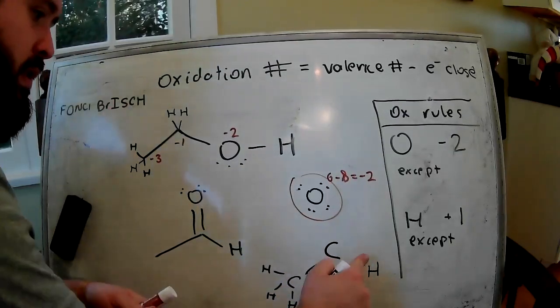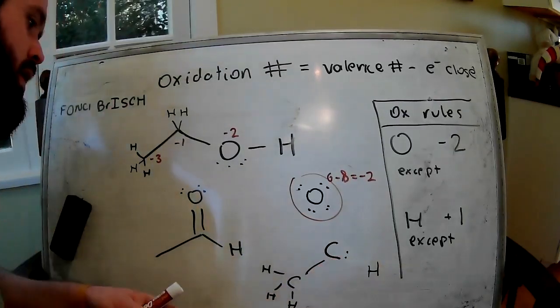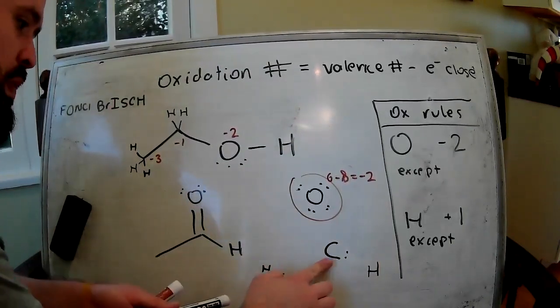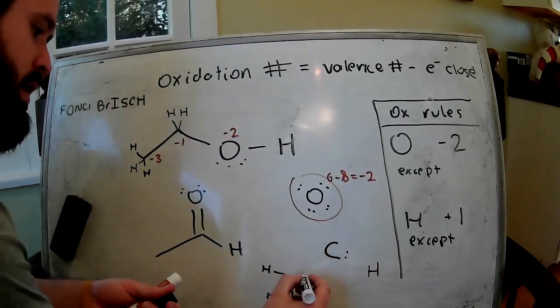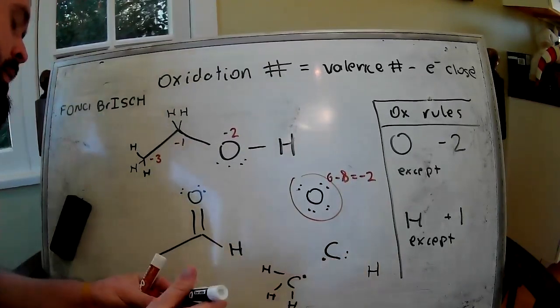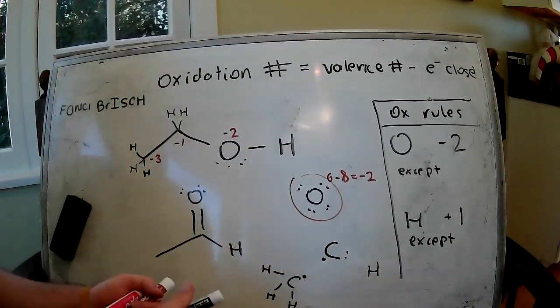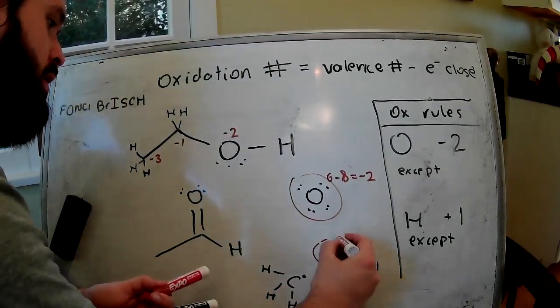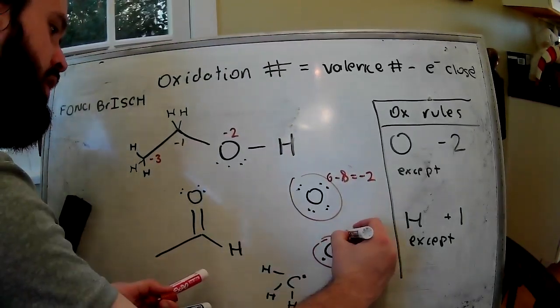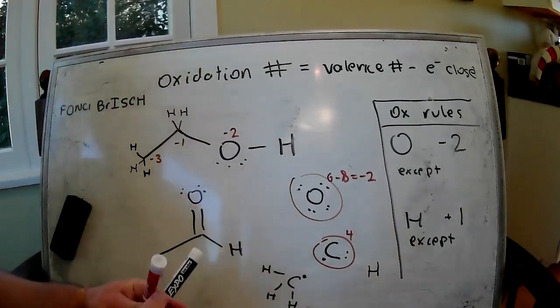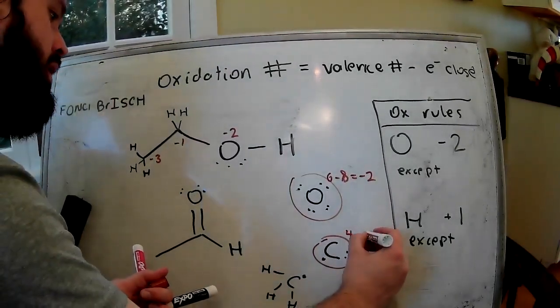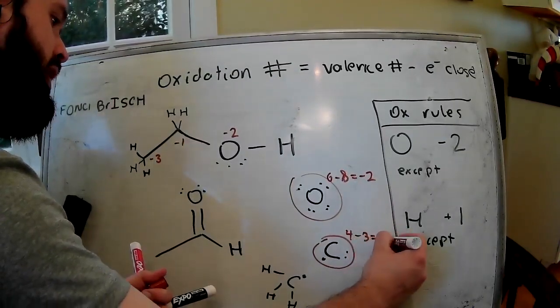It's going to steal both of these. And then we're going to split this nonpolar bond evenly so that each of these has 1. And now we can apply our formula and say carbon's column is 4, its valence number is 4, and it has 3 electrons close to it this time. So 4 minus 3 gives us +1.